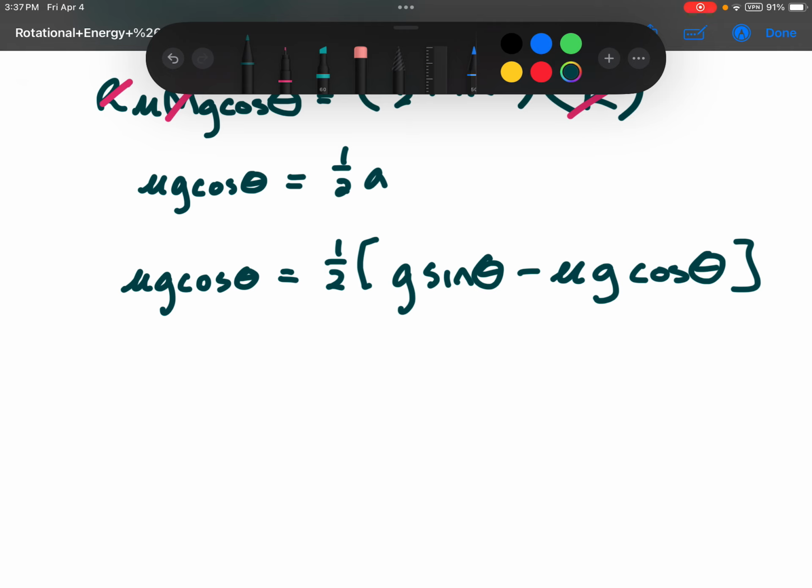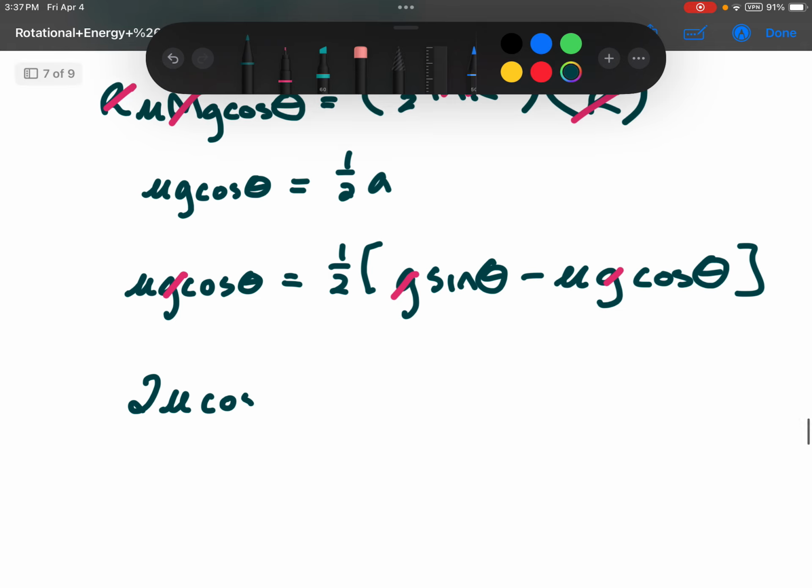It's going to take just a little bit of algebra. I'm going to multiply both sides by 2 to get rid of that 1/2. So 2 mu. Another thing we can do right now, let's get rid of the g's because they're in every term. So 2 mu cosine theta equals sine theta minus mu cosine theta.